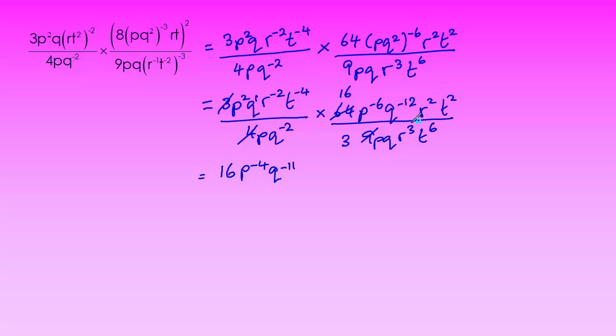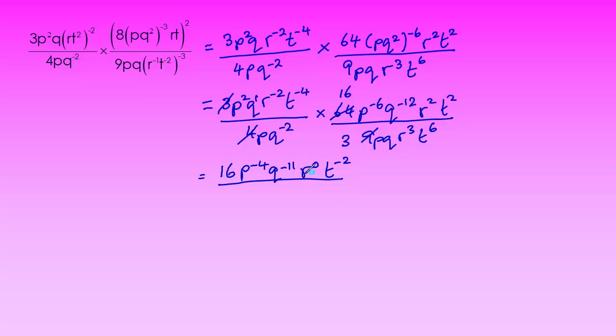The r's will add the indices. Negative 2 add 2 is 0. Now normally I would just not write that down because obviously that becomes 1, but in this case I am going to, because we've still got r's on the bottom, so I'm going to write that as r to the 0. And then here negative 4 add 2, so that's a t to the negative 2.